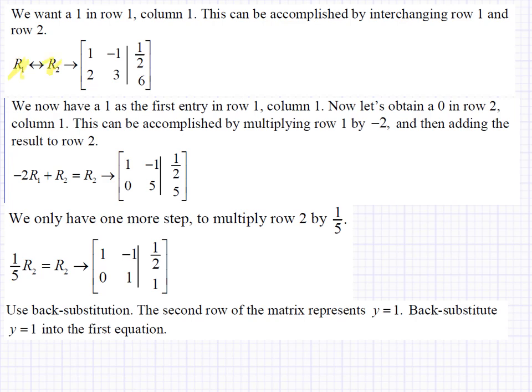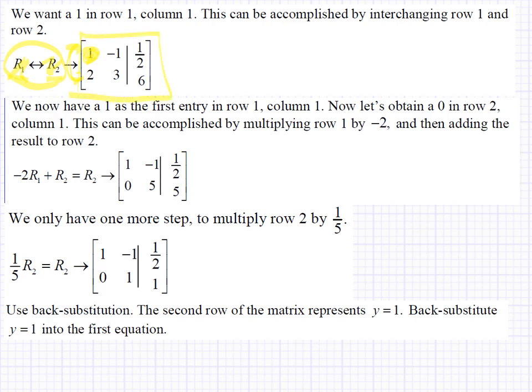I flip-flopped row 1 and row 2 because I already had a 1 in the first register in row 2. So by moving that up to row 1, the first part of my diagonal of 1s is already taken care of by simply flipping the two rows. And that's what I did by this particular operation. I reversed row 1 and row 2 in their position and that gave me this matrix.